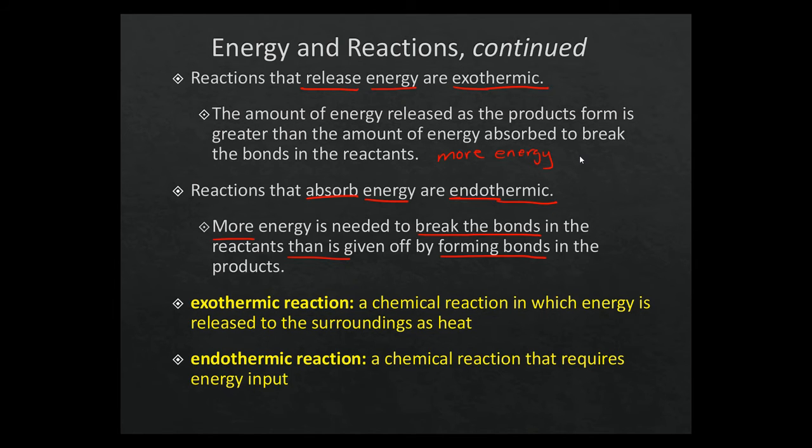So it's taking less energy to break the bonds. So more energy is given off in forming bonds than in breaking bonds. Okay, so you see how they're kind of the exact opposite, right?